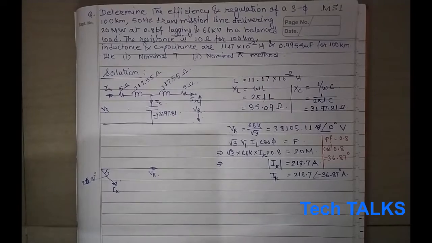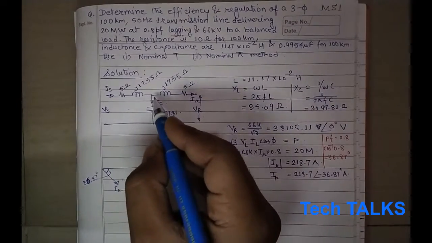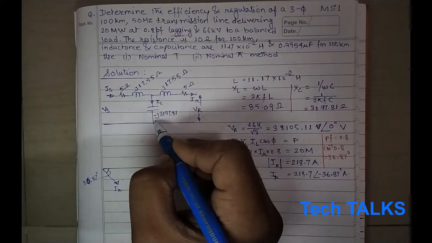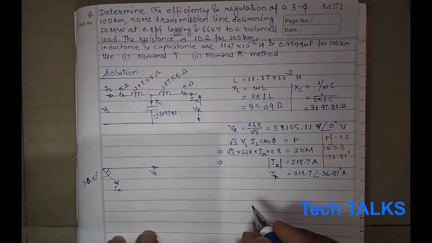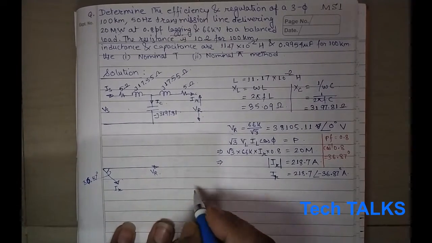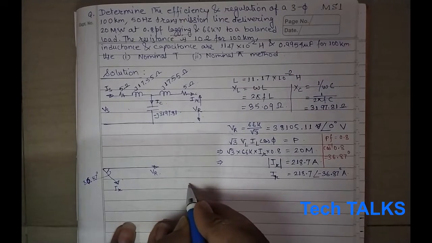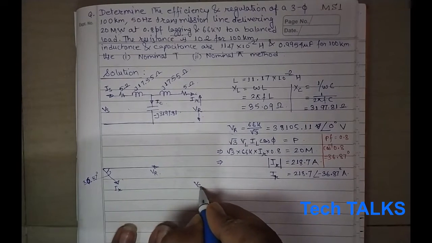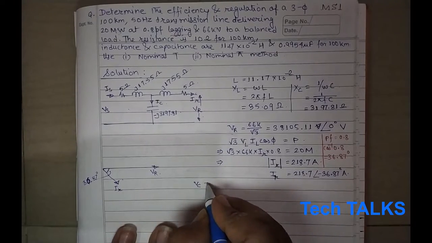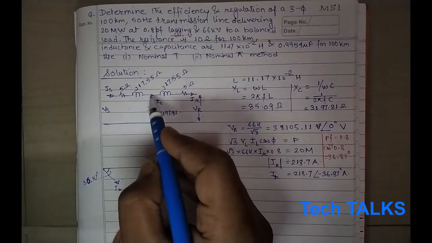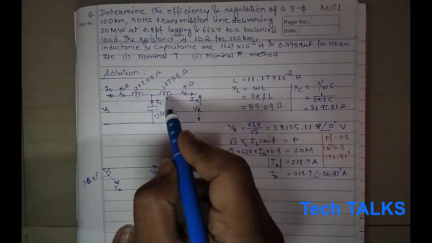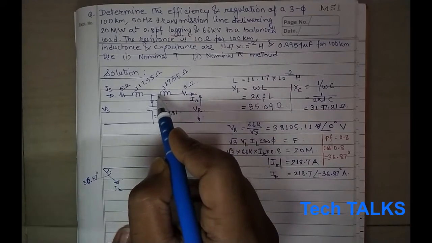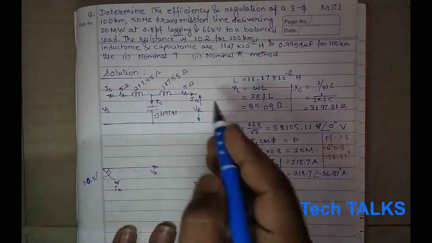Now we have to find out what is the voltage of this capacitor, the voltage at this point. So this VC, the capacitor voltage, we can find out, is actually the voltage of this part VR plus current into the impedance of this branch.